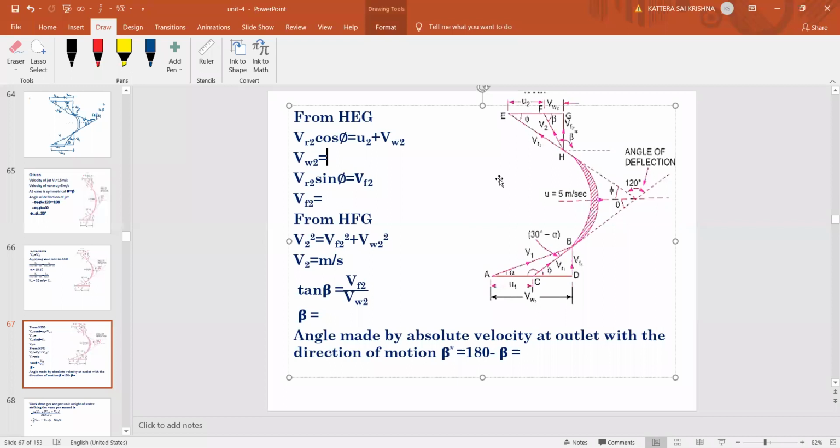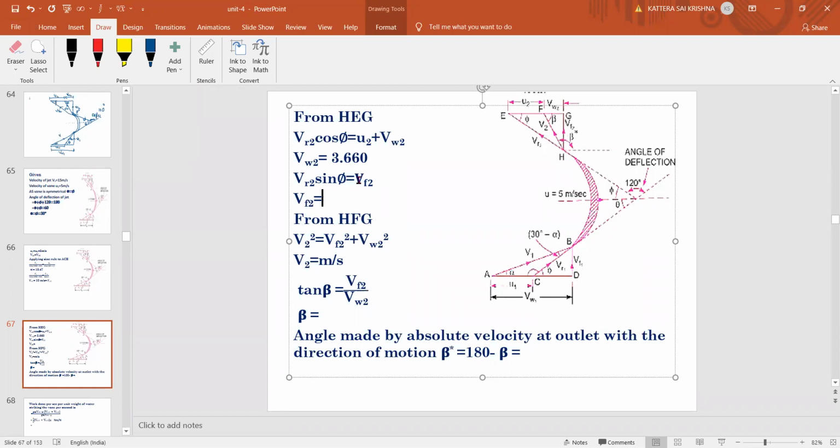So now you can find VW2 is VR2 cos phi minus U2. That is 10 cos 30 minus U2. What is the value? 3.660. Very good, right? Next, similarly, we can use the vertical component of VR2 as VF2.